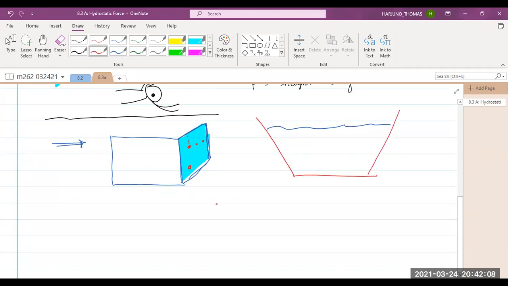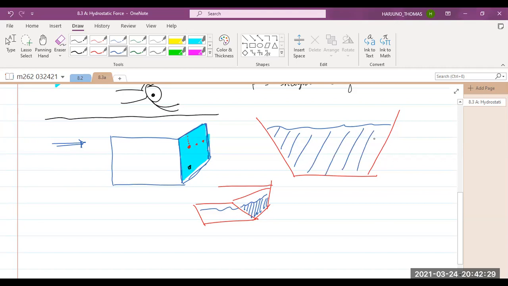Imagine in 3 dimensions we have something that looks like this, a trough maybe, and we put some water in there. This is the side view. Now we want to find out how much pressure, and therefore how much force, is experienced by this wall. Is it okay?